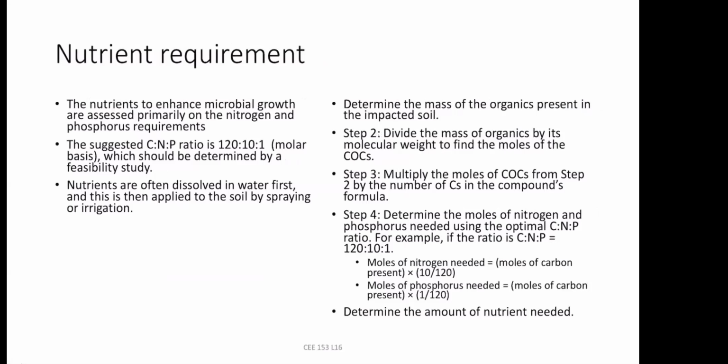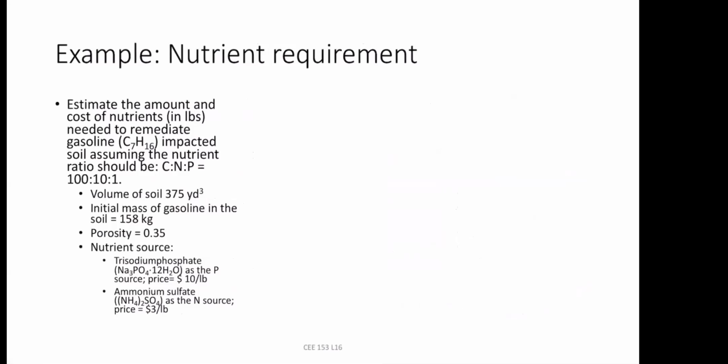Again, nutrient requirement, we explained it. Here I gave another formula, 120-10-1. I just explained it, so no need to put it. I explained these questions last time, so let's solve it again.